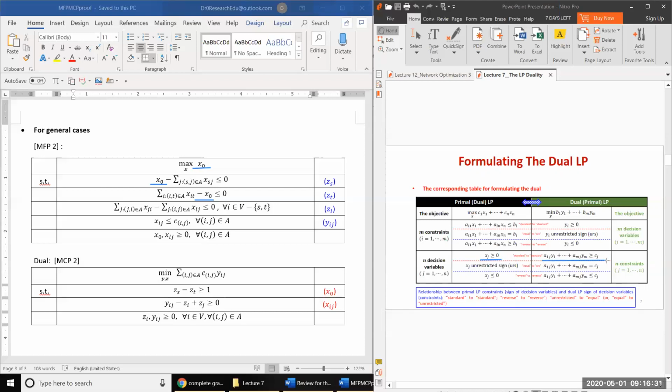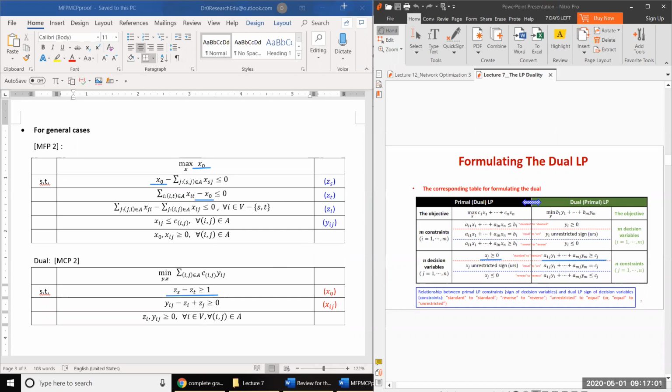Your dual constraint would be the summation of this greater than or equal to c_ij, where c_ij is the coefficient in the primal objective function. The coefficient in the primal objective function with respect to x0 is 1. And hence you have this one: 1 times zs minus 1 times zt is greater than or equal to the objective function coefficient of x0, which is 1. Okay?